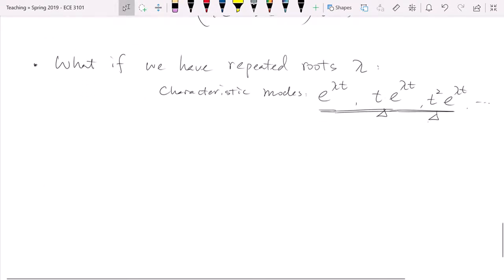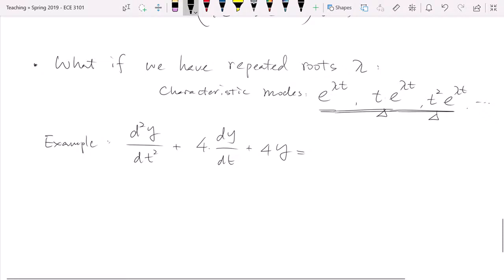Again, we'll use an example to illustrate how this works. And this example is as follows: the second derivative of y, plus 4 dy/dt, plus 4y, equal to 3f.